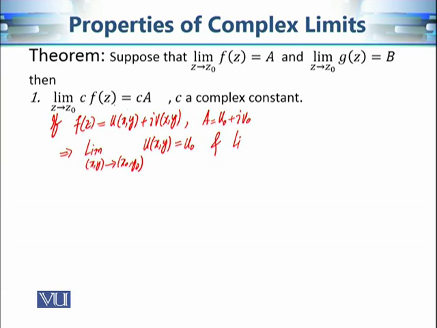And this also implies that the limit as xy approaches x naught y naught of the real valued function v of xy is equal to v naught.